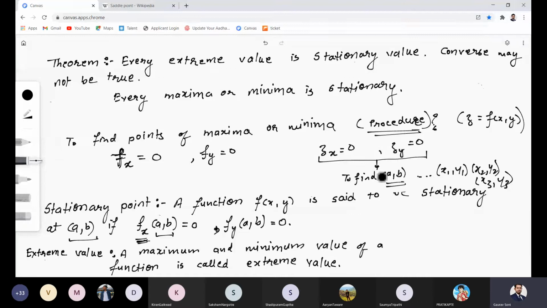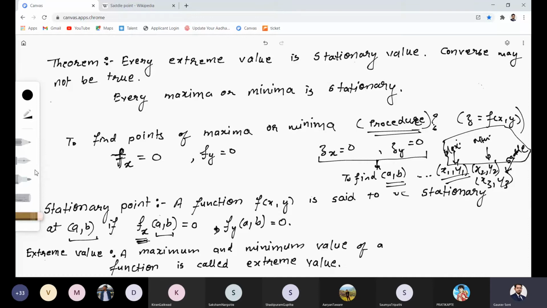Once we have these, we will check another condition by which I can identify whether this is maxima or minima or a saddle. This categorization we need to check. But the first procedure to find the stationary points is: you take the derivative with respect to x, the derivative with respect to y, and solve those equations to find the values of x and y.